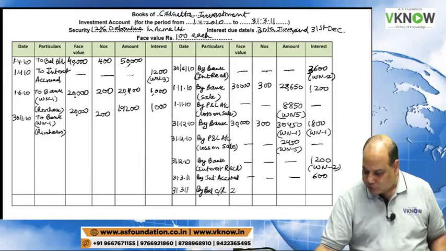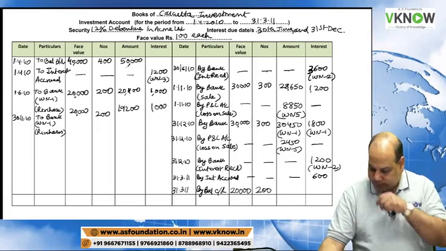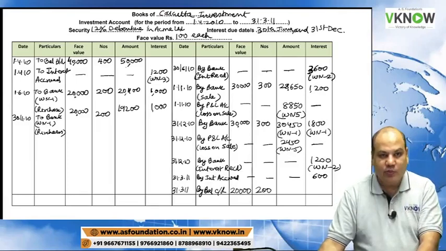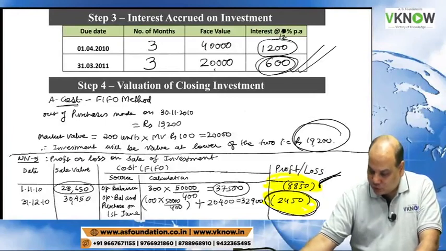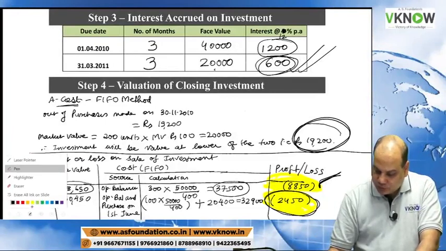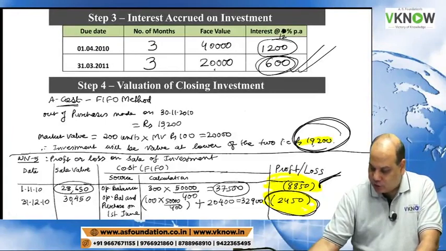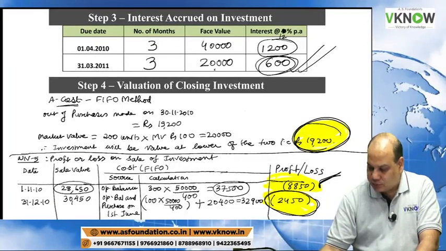31,311 by balance carried down. Balance carried down, this is 20,000. This is 200. Closing investment working note 4. On the screen, working note 4, 19,200. Cost or market value, whichever is lower. We have followed FIFO method.